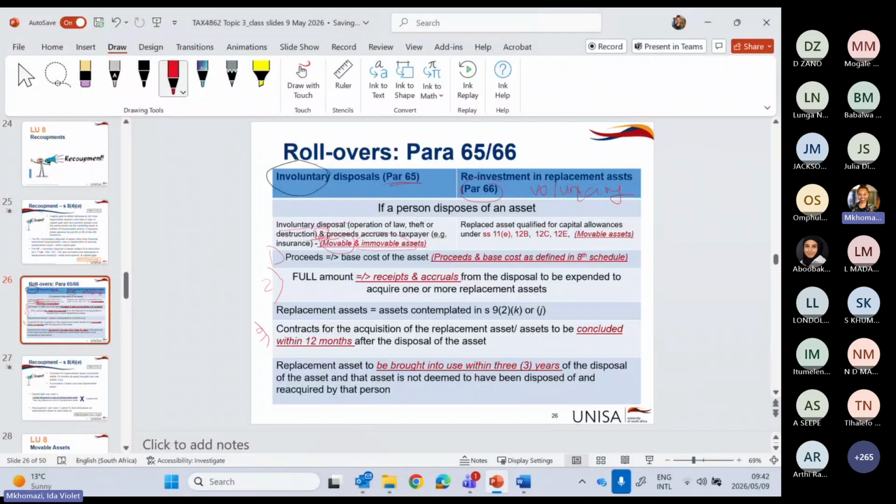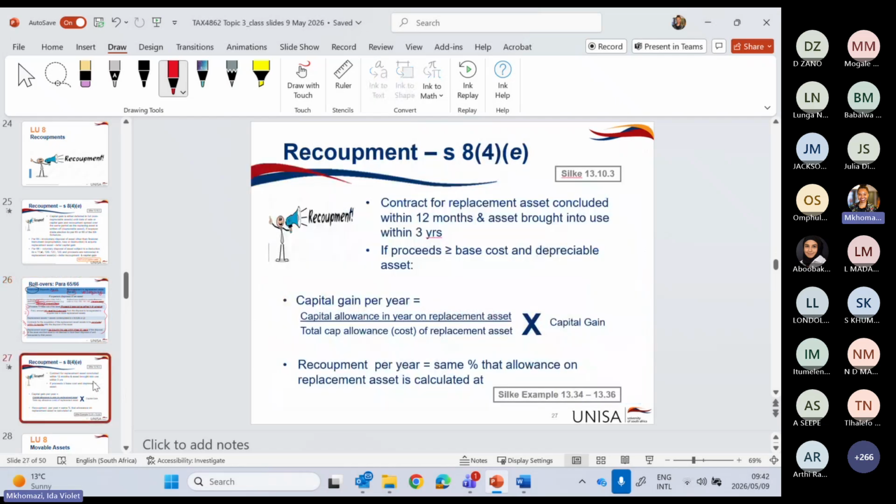Third, the contract for the acquisition of the asset must be concluded within 12 months. And fourth, the replacement asset must be brought into use within 3 years from date of disposal. So these are the requirements that all need to be met before you can apply paragraph 65 or paragraph 66.